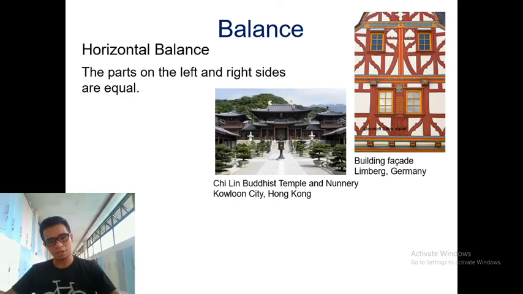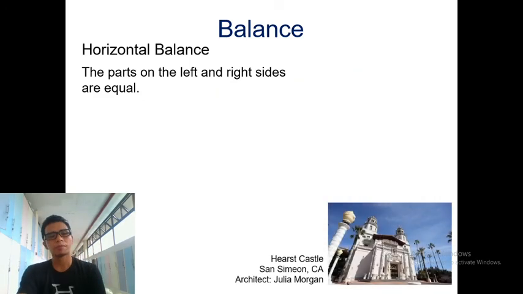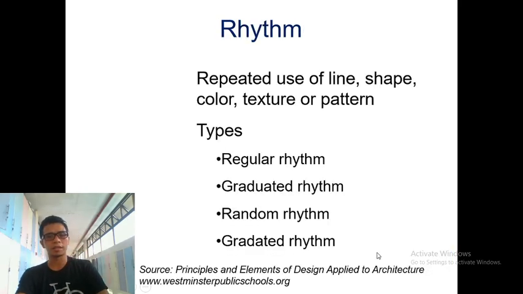So, the elements, the parts, they are equal. So, ito. Kung titingnan mo, parang siya, except lang dito sa structure na to. Pero dito, yung mga towers sa gilid, they are balanced.